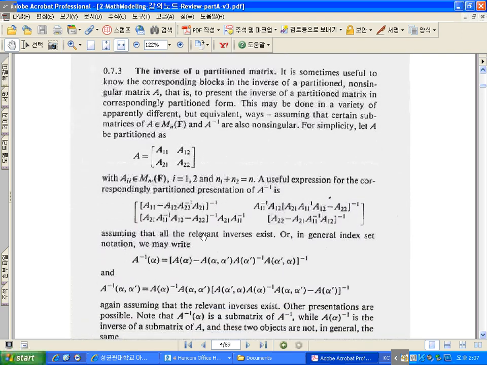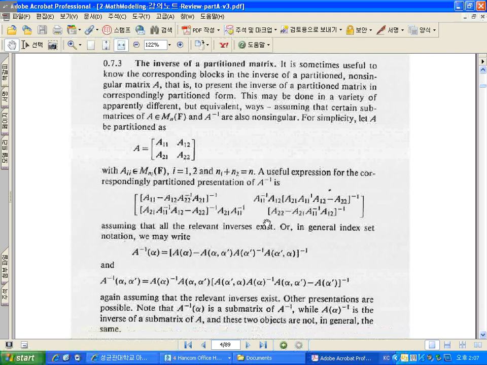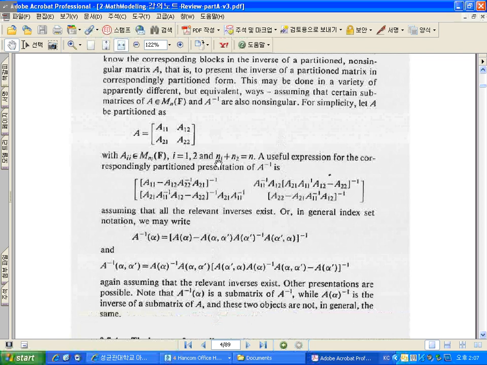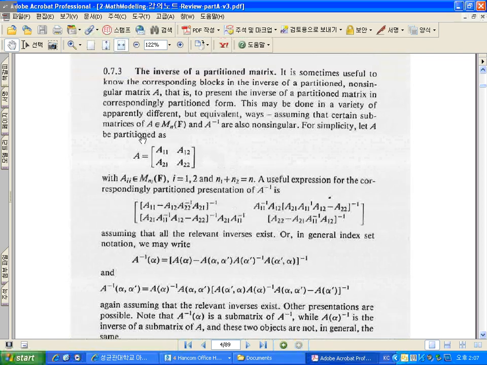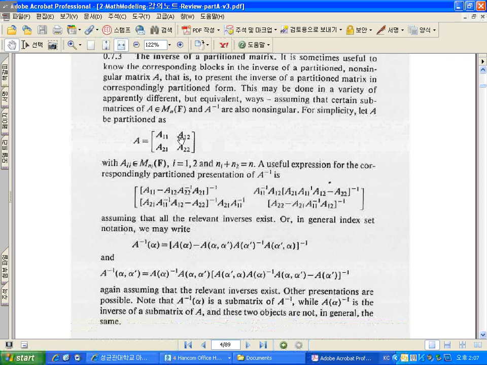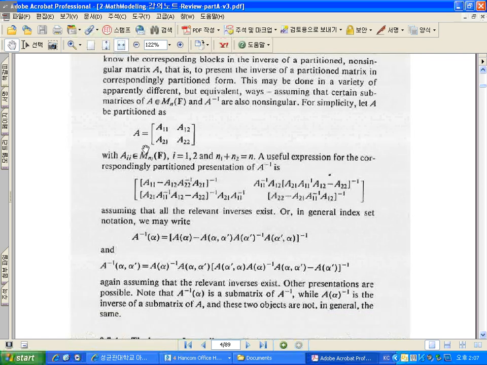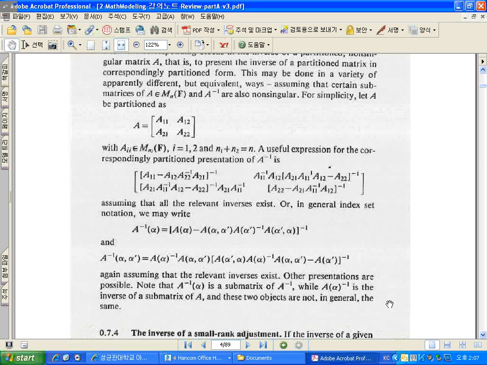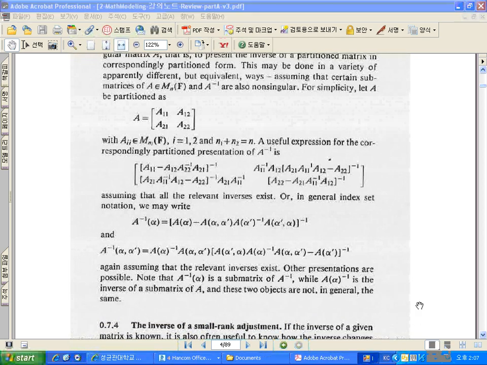we can write the matrix computation in a much easier way. Here is another fact. Suppose we have a partitioned matrix like this. Then the inverse of this matrix can be obtained with this formula, when the inverses of A11 and A22 exist.